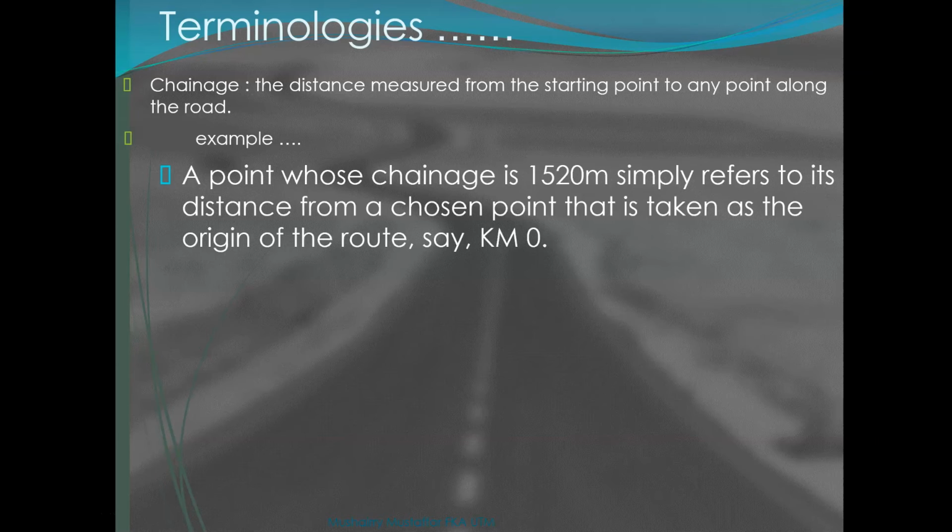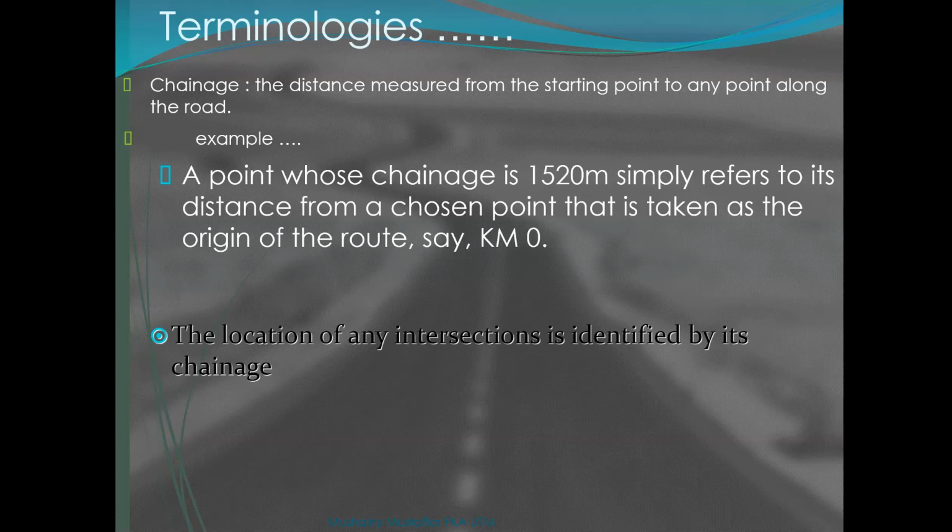So it's basically some kind of reference mark on the curve to let us know where we are, and also to give us a reference when we do our construction. The location of an intersection is identified by its chainage. The intersection point of two straights, for short we call it IP. The positions of those points are identified by their chainages from a chosen point.